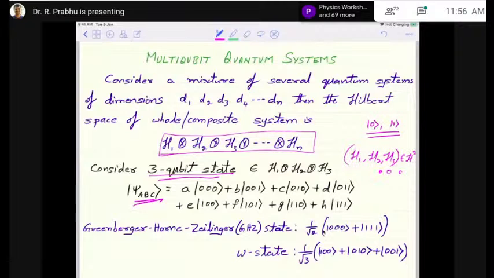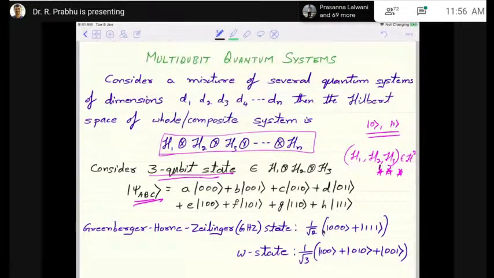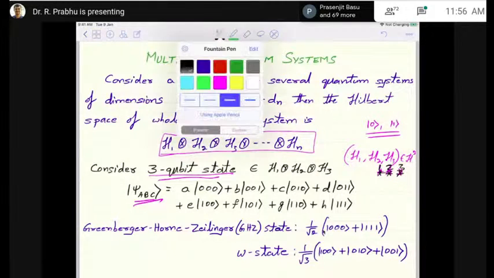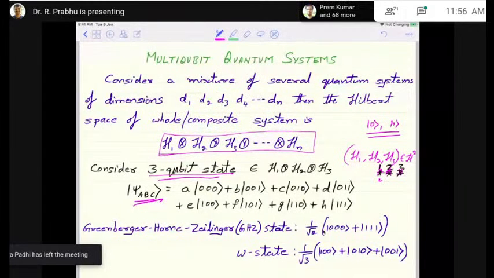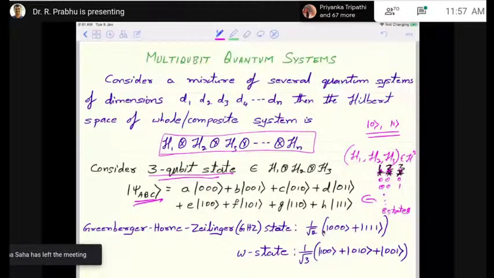There are 3 particles, 1, 2, 3, and all the possible combinations will be 000, 001, and so on, up to 8 states. So this is what I have written here: 000, 001, 010, 011, and so on.